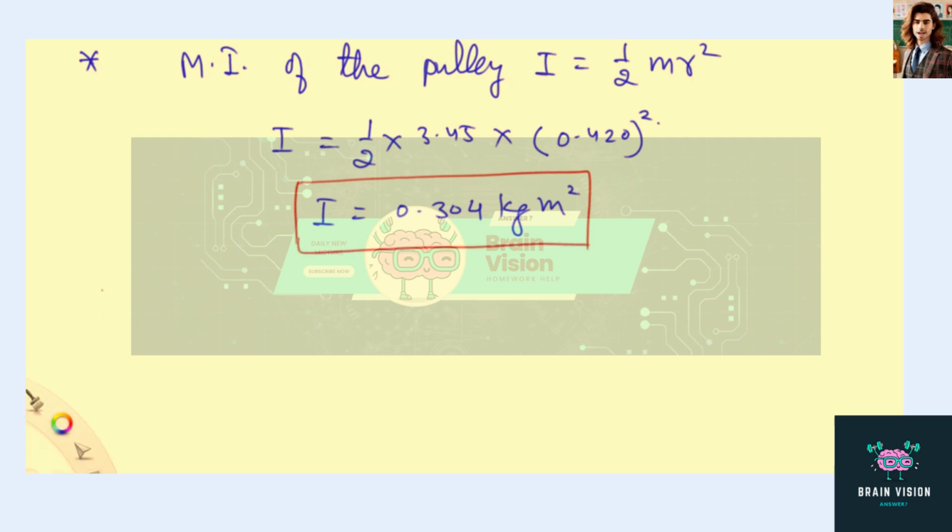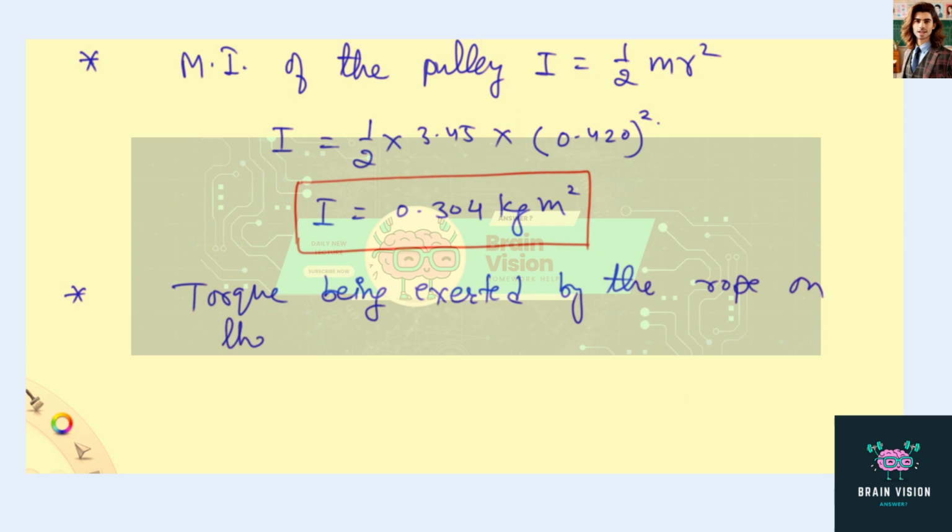Then in the second part of the same problem, we find the torque being exerted by the rope on the pulley. That torque will be found using the relation among the torque, moment of inertia and angular acceleration.